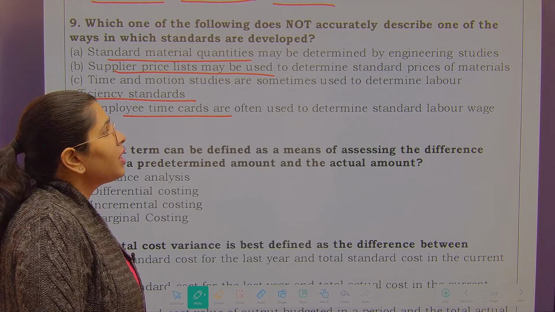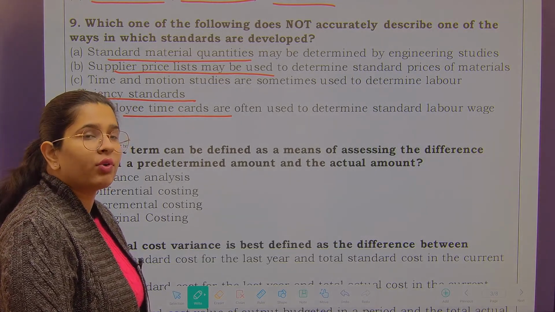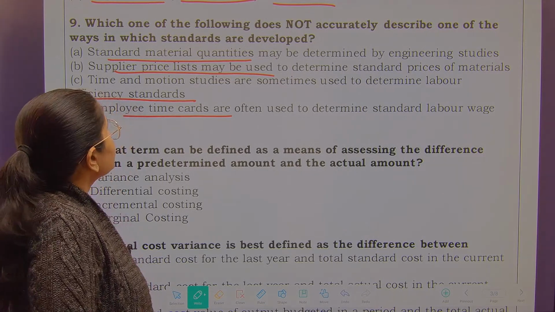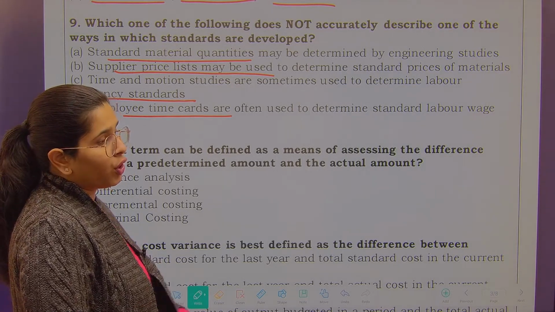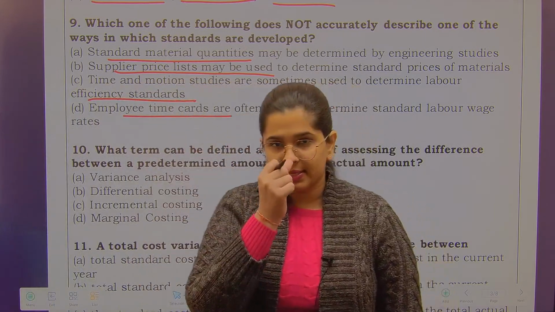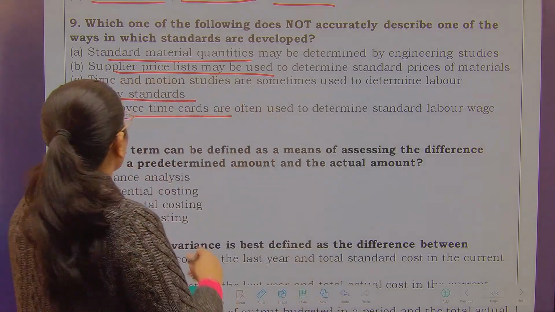So standard material quantity, yes, you can do engineering studies and then you can find out what is the material that should be used for your production. Next is price list. Yes, obviously we are going to procure the material from suppliers only, so whatever the suppliers' price list is, that is my standard price of material, correct?